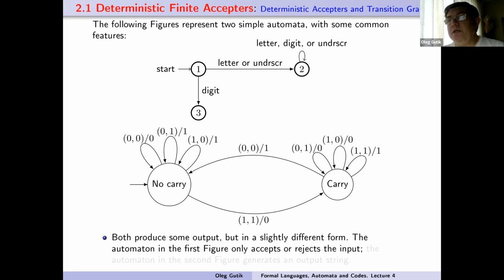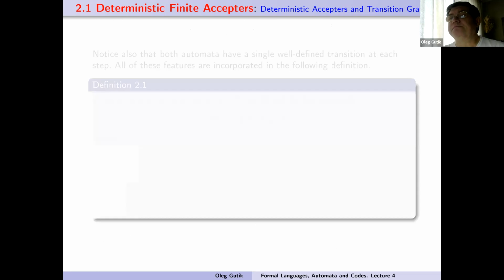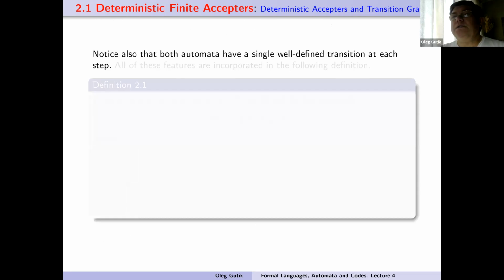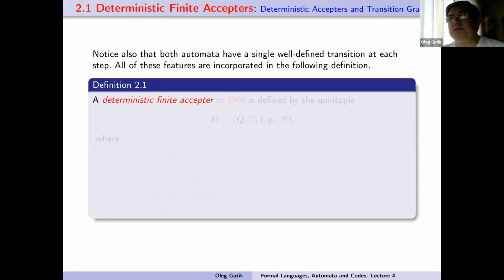The automaton in the first figure only accepts or rejects the input. The automaton in the second figure generates an output string. Notice also that both automata have a single well-defined transition at each step. All of these features are incorporated in the following definition.